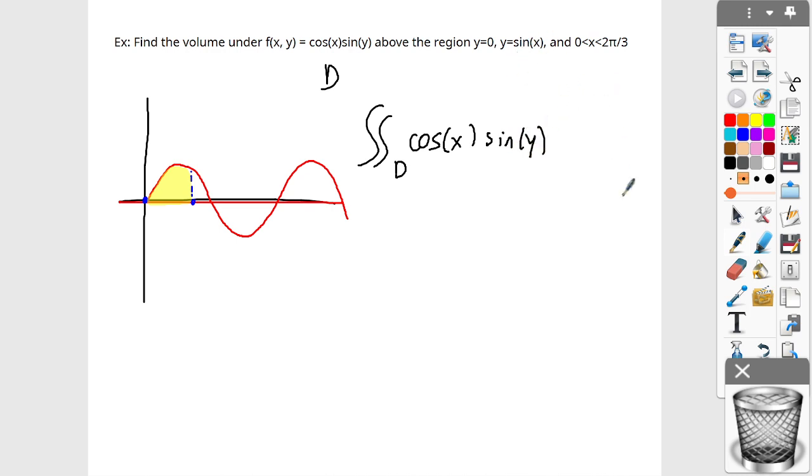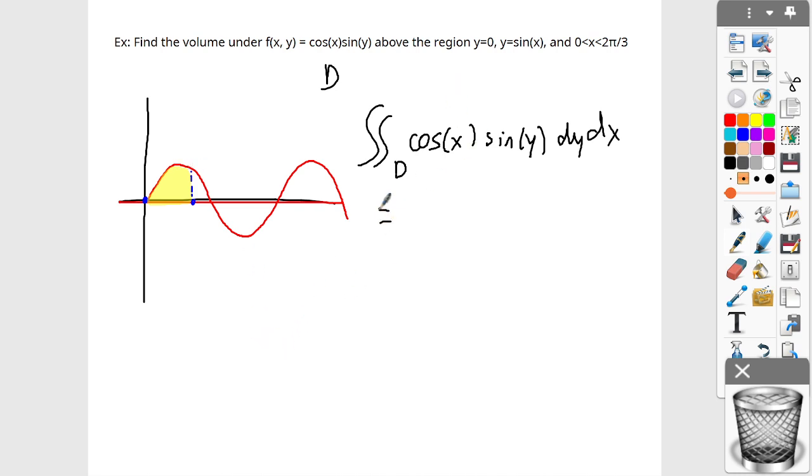Right, so first off, we're going to evaluate dy first before dx, because this is actually a y simple region now. It's no longer an x simple region, because if we evaluate x first, we're going to hit our own function, and that's very annoying.